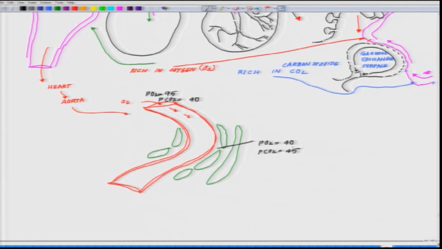So, by the same token, the partial carbon dioxide pressure is 45 in this tissue, whereas the blood which is bringing it has 40. So, in the systemic capillaries, all this is happening in the capillaries. Whatever carbon dioxide is being formed by these tissues is now transported into the blood vessel, whereas out here oxygen is 95 and out here it is 40.